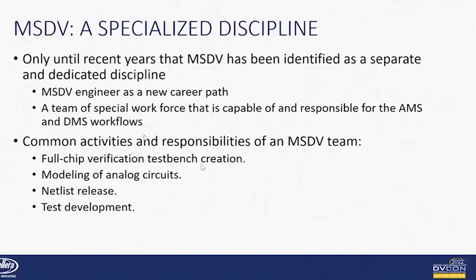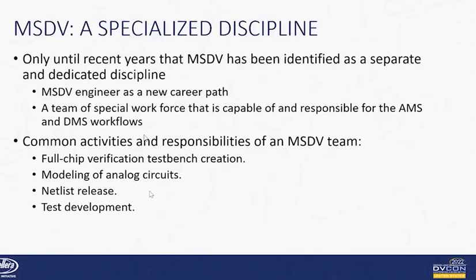Then we need to spend time to develop models for analog circuits, either DMS models or AMS models. In our case, AMS models come from the analog design team, but we still need to integrate them into the UVM test bench, so we still need to spend some time. I would say modeling development and validation takes time.